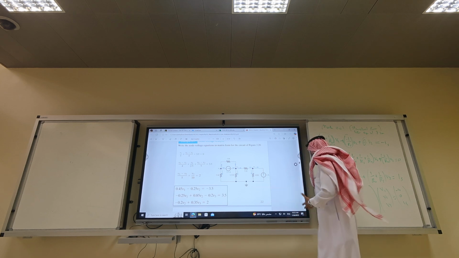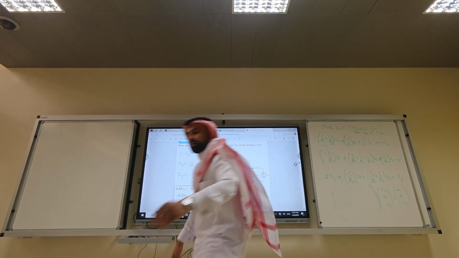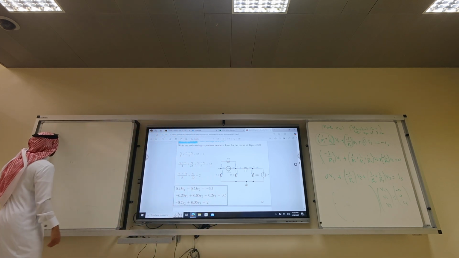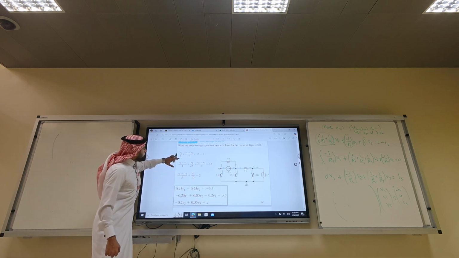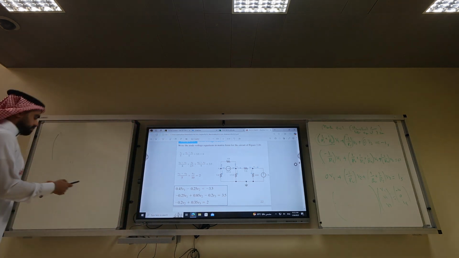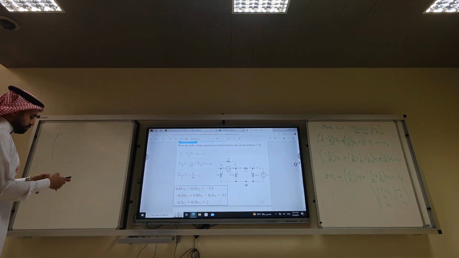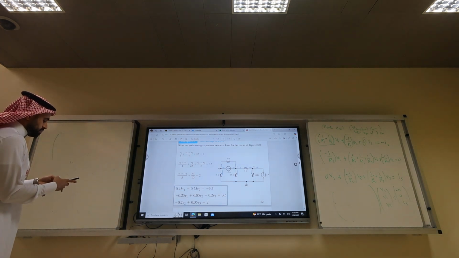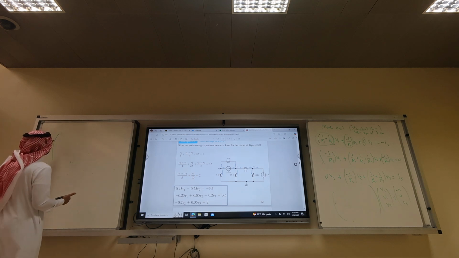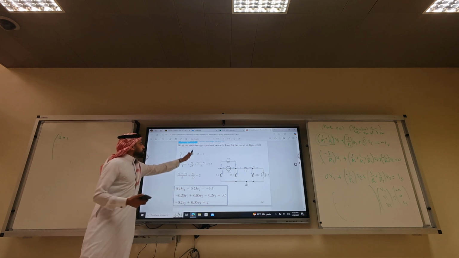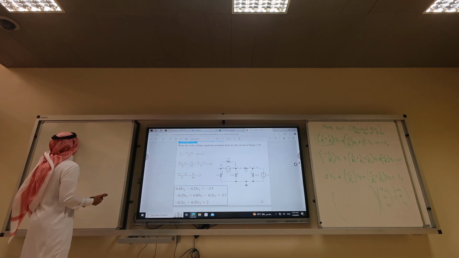How to write it in the standard form? Now open your calculators. What's the standard form? 1 over 5 plus 1 over 4, 0.45, minus 1 over 4, minus 0.25.